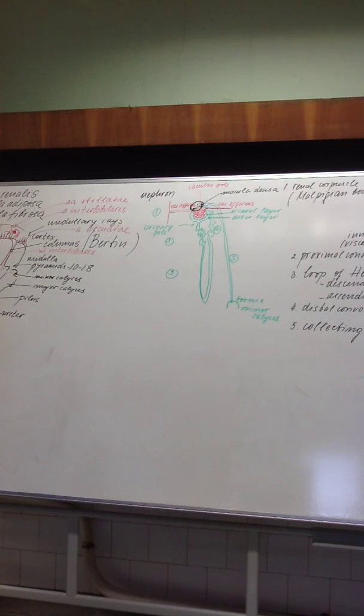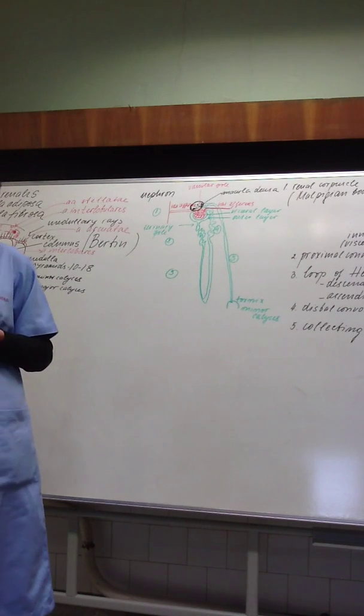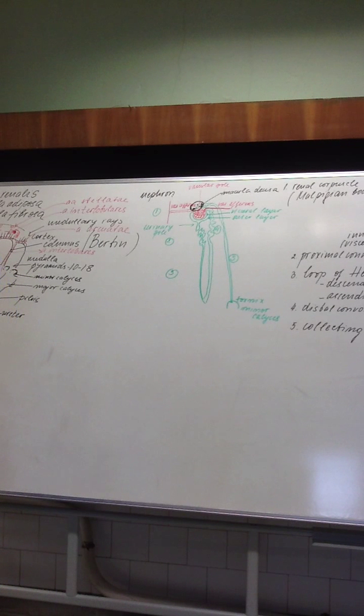And the increasing levels of aldosterone. Aldosterone has receptors on the cells of distal convoluted tubules, and it provides reabsorption of sodium and then increases the volume of the blood. You know physiology.